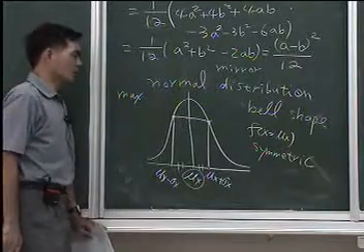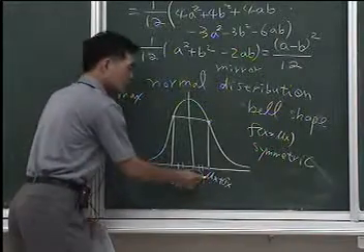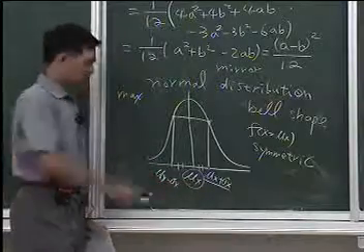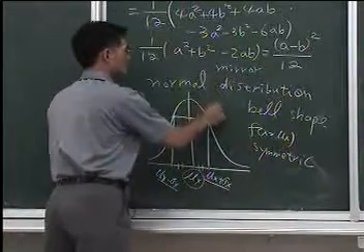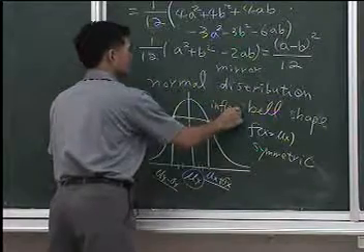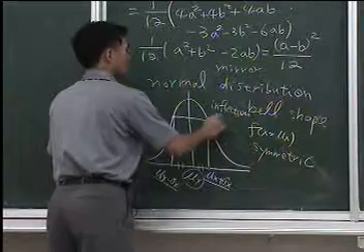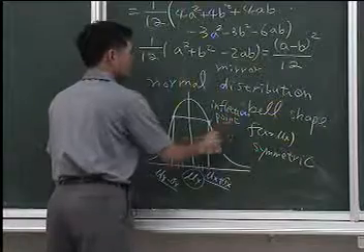Another point is that at mu x plus sigma x and mu x minus sigma x, you get an inflection point. Inflection point, what is that?